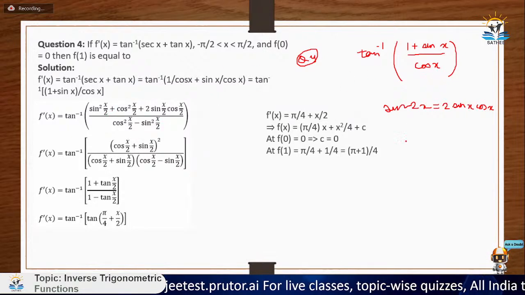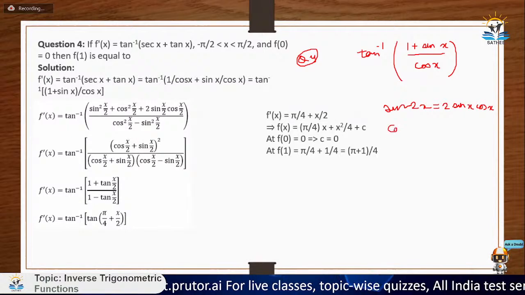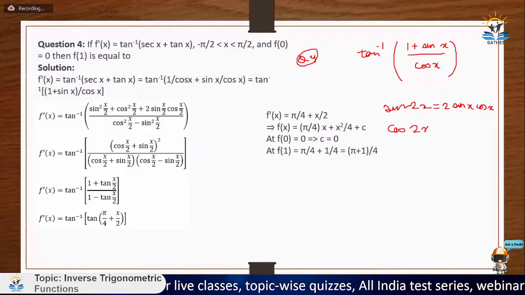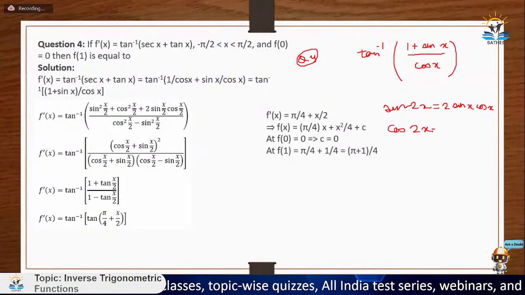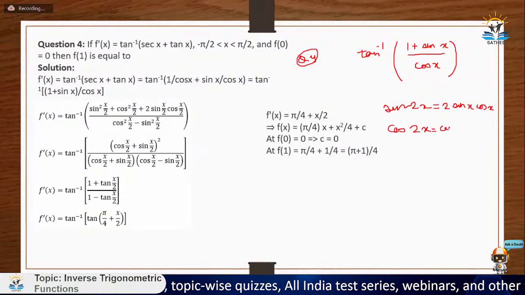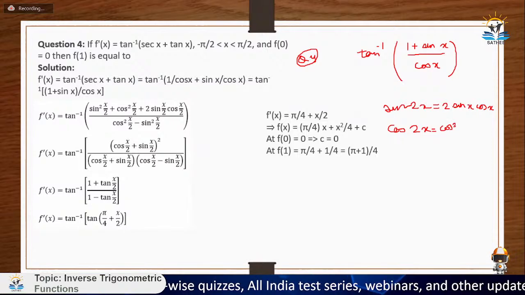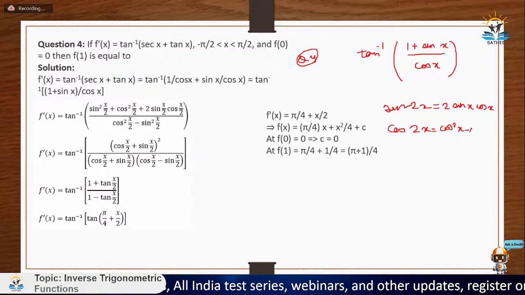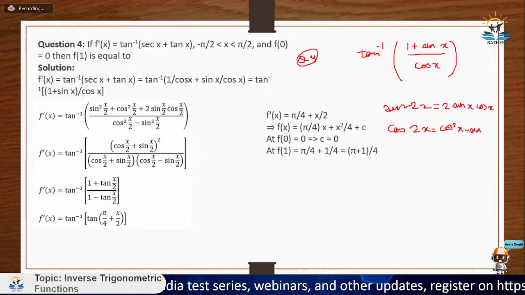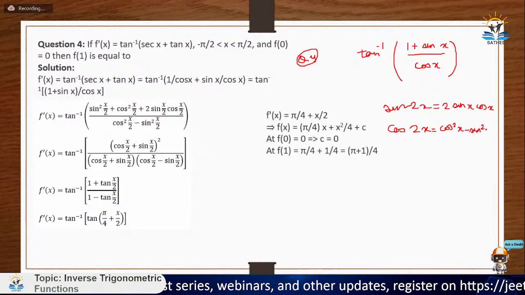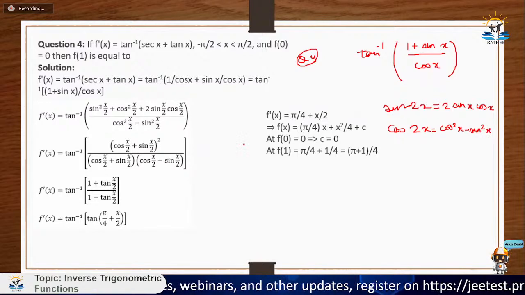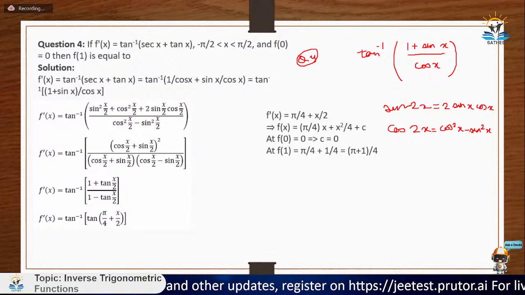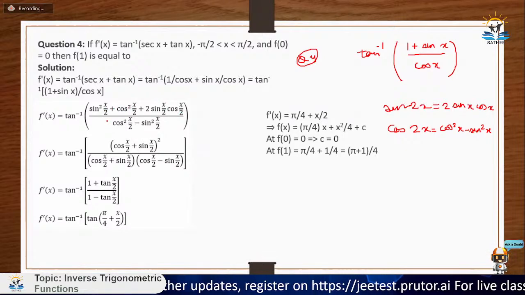Similarly, in cos x, we are using the formula cos 2x equals cos square x minus sin square x. So it would be cos square x by 2 minus sin square x by 2. Since the numerator is a square plus b square plus 2ab, it would be a plus b whole square.